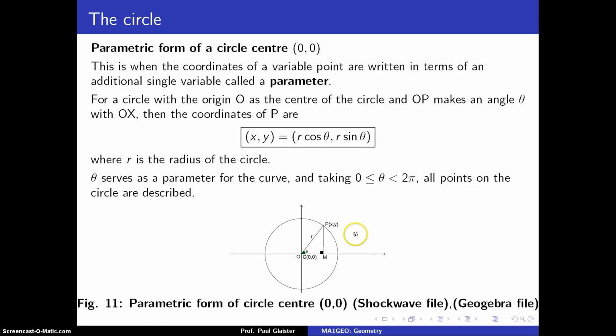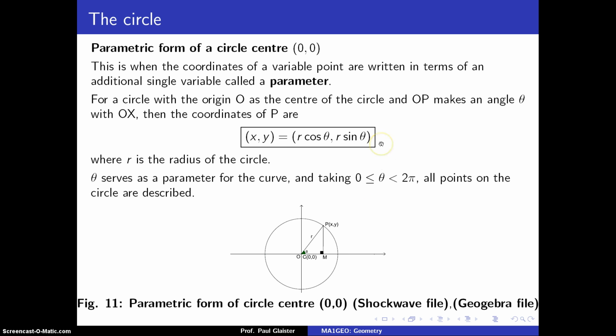And in this particular case, on the circle, centre the origin, radius r, if I denote the parameter theta to be the angle that the line segment O to P for a general point P makes with the x-axis, then as theta changes, obviously xy changes. And in particular, just from this triangle, x is r cos theta and y is r sin theta. And as theta varies from 0 to 2 pi in radians, the whole circle is traced out.